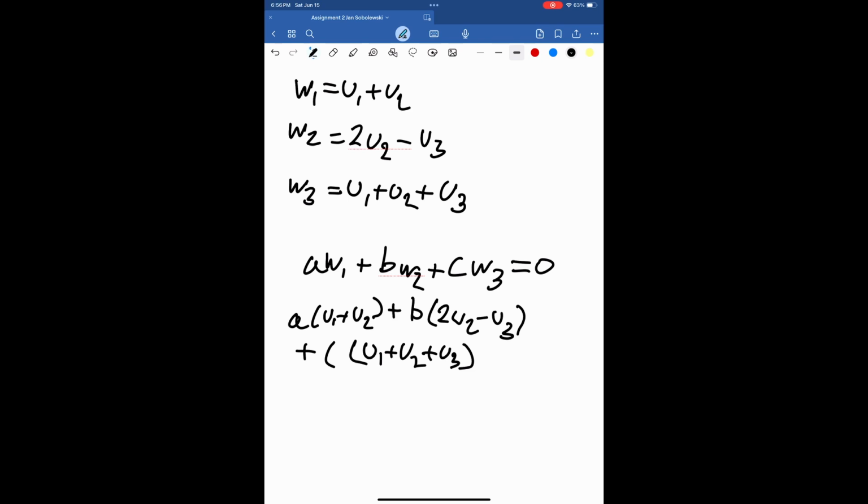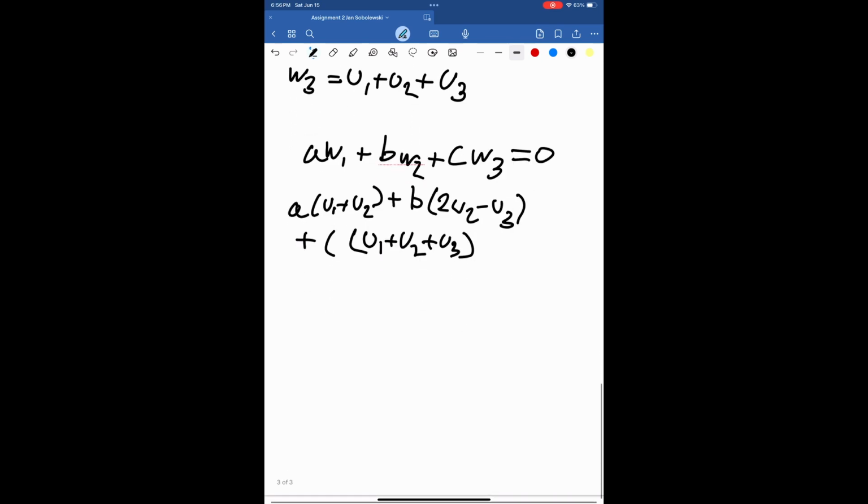So now we want to simplify this, which we can do by multiplying it out.